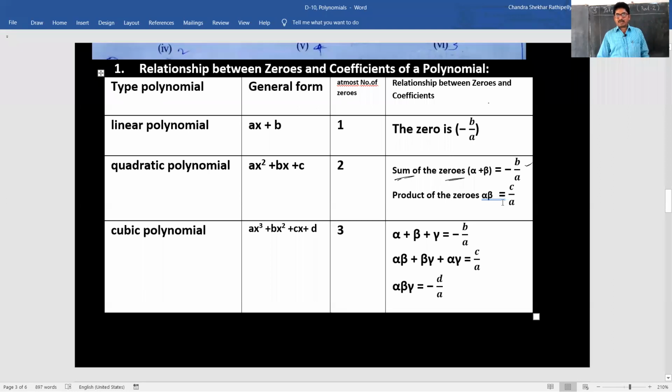Next, the product of the zeros, alpha and beta. Alpha and beta are zeros of the polynomial.